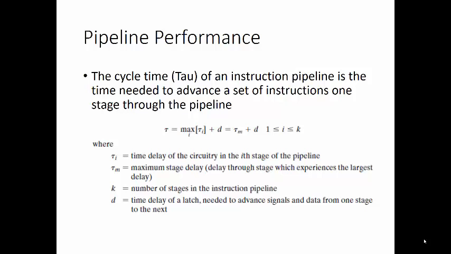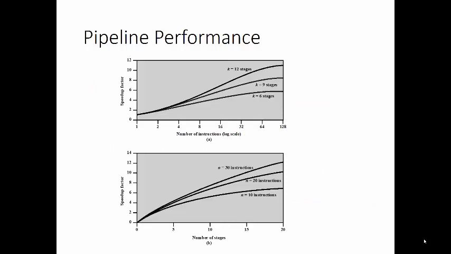That's the max of the time delay for the circuitry, plus d, which is the time delay of the latch needed to advance signals and data from one stage to the next. And if you take a closer look at pages 504 to 506, you can also find some equations for the total time required for an instruction to go through k stages and to calculate the speed up for an instruction pipeline.